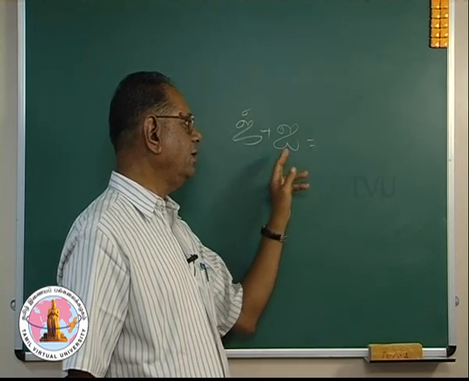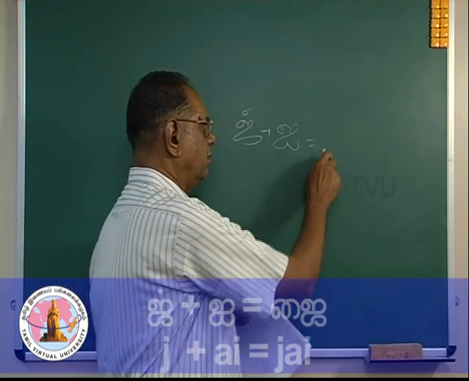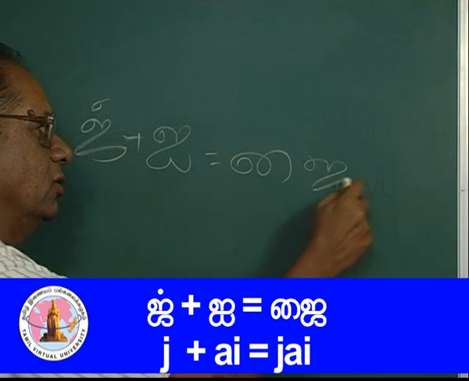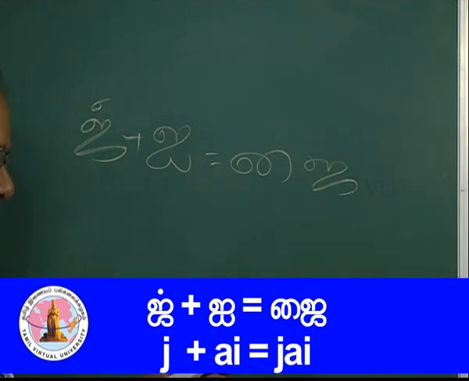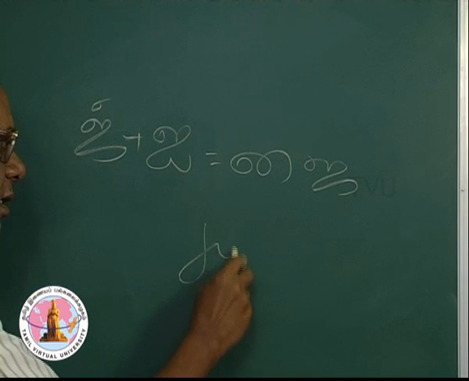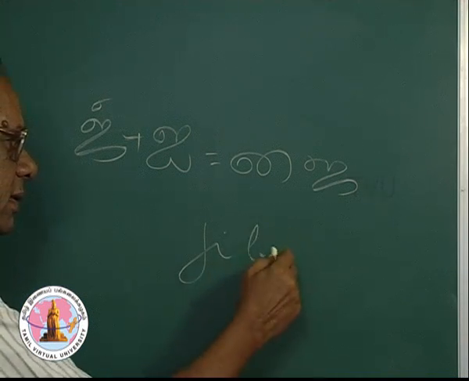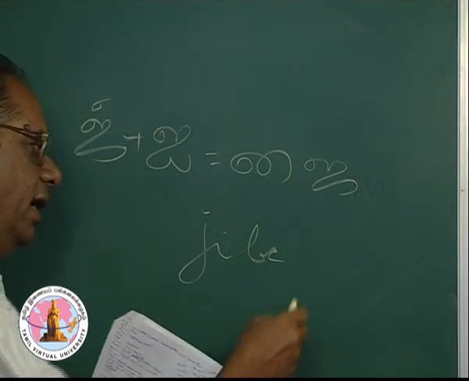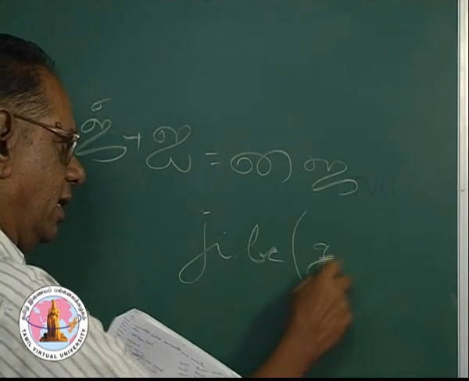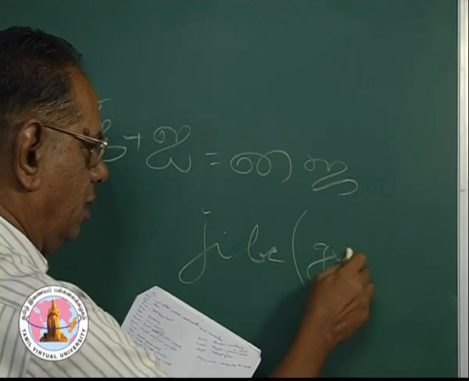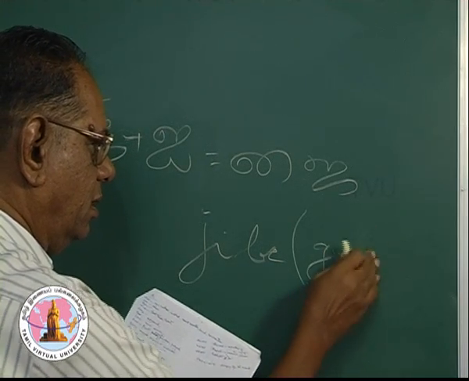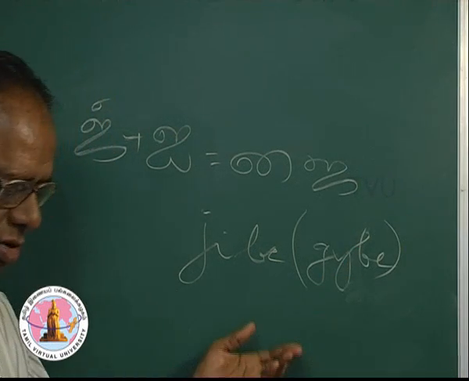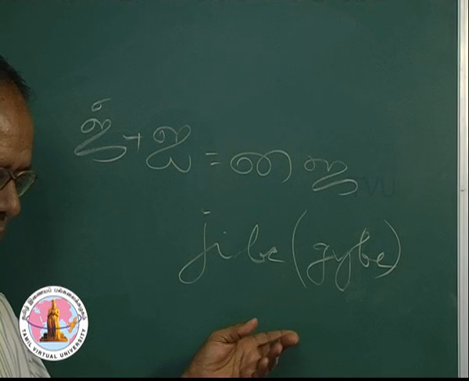J plus I, J. The marker is this, and you get the consonant after that, J, as you have in jibe. You know, this has two different spellings, and in Britain they pronounce it as jibe, but the letters are G-Y-B-E.